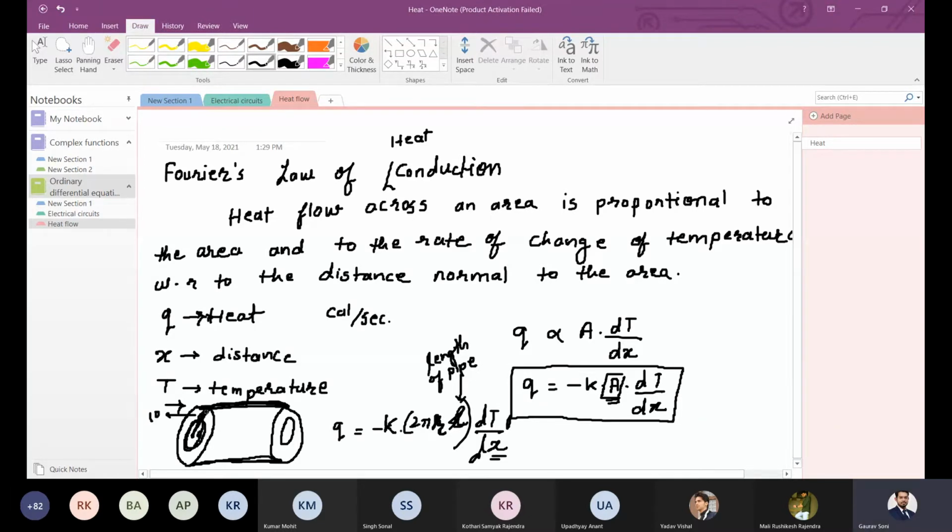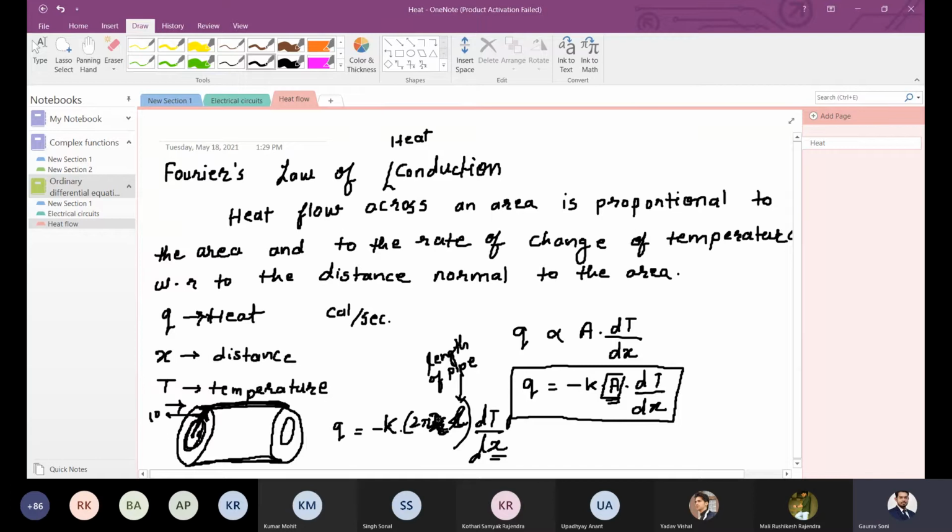So this distance here will be 5. If I look at the temperature at the midway point between these two circles, then that is going to be 7.5. So this distance varies from 5 to 10.